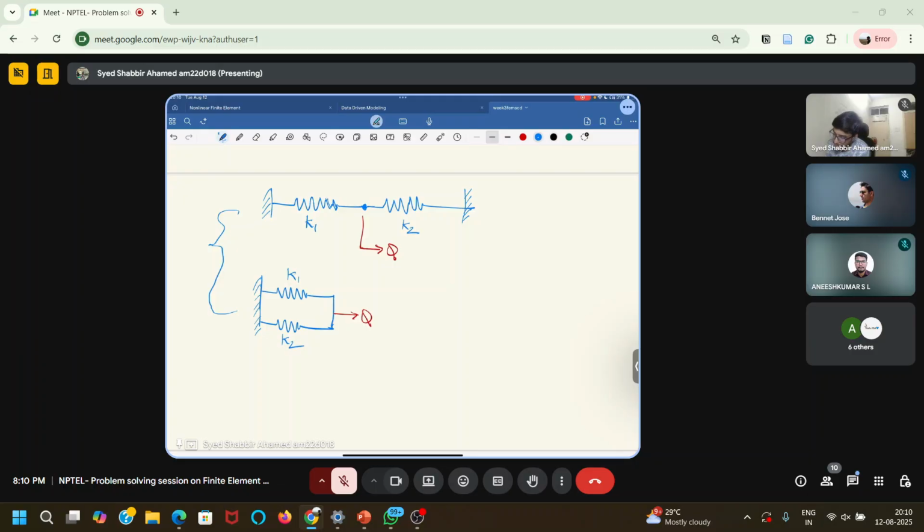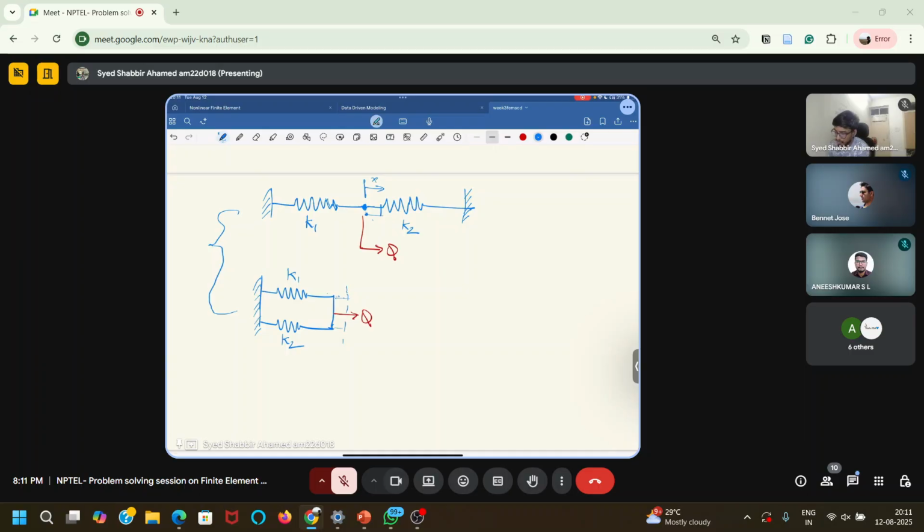At this point, if I apply a force Q, however much displacement this spring undergoes in tension, this spring will undergo the same displacement, but in compression. Here, both the springs also undergo the same amount of deflection, but in tension. Whenever two connected springs undergo the same deflection, you can consider them to be connected in parallel.